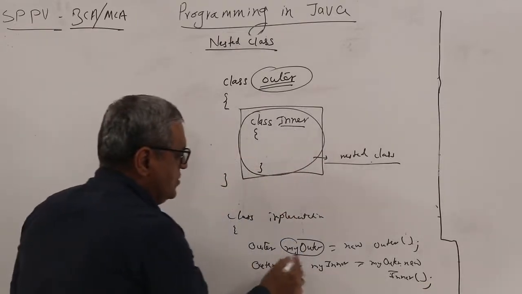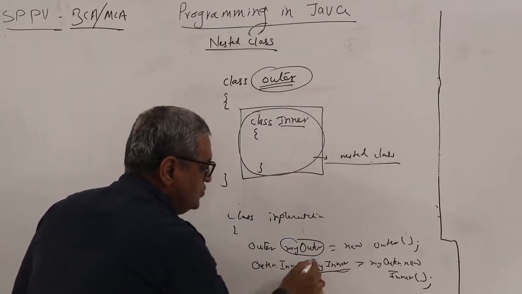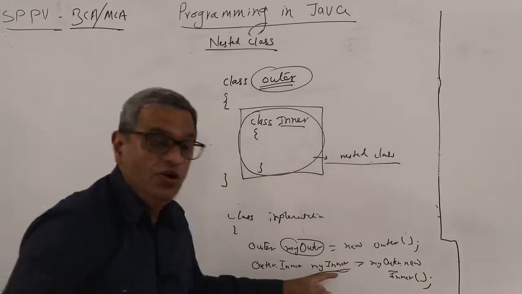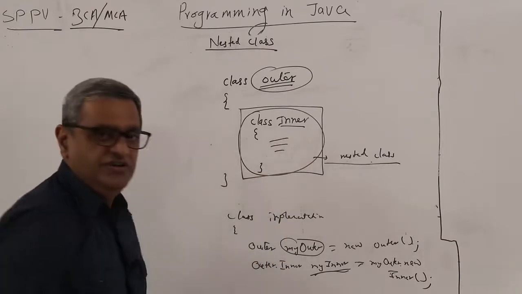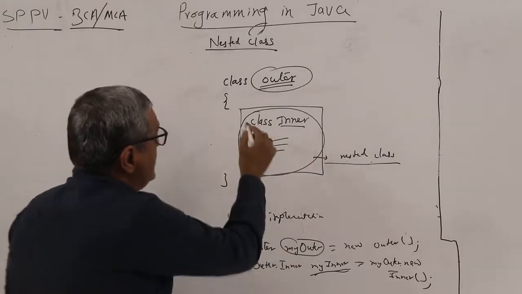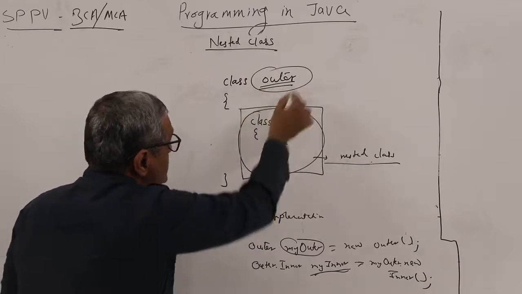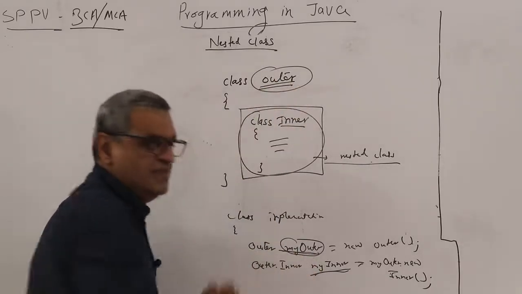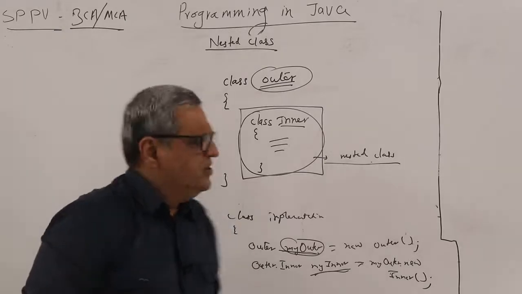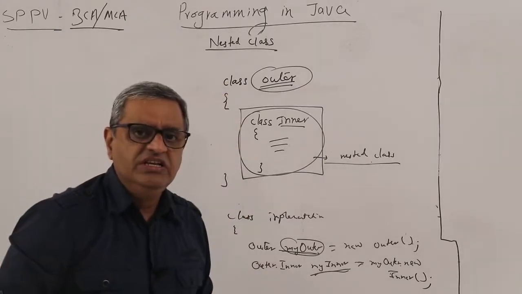This is how I create it. Now I can use my inner object to invoke the methods written in the inner class, whereas to invoke any method of the outer class, I can use my outer object.